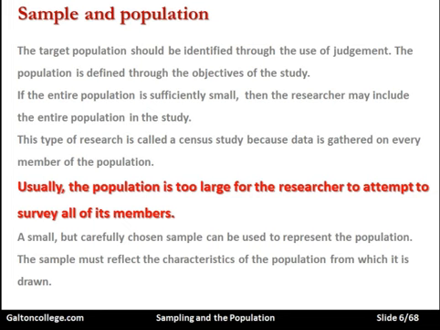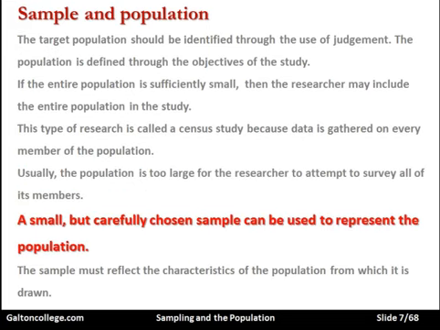Usually the population is too large for the researcher to attempt to survey all of its members. So usually a sample is required. Generally speaking, populations are too big. A small but carefully chosen sample can be used to represent the population.